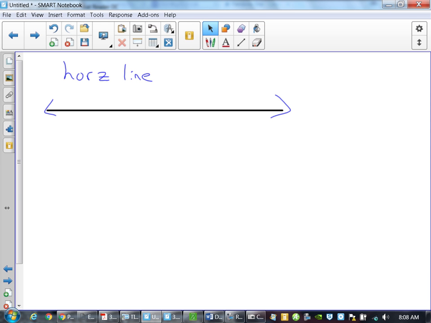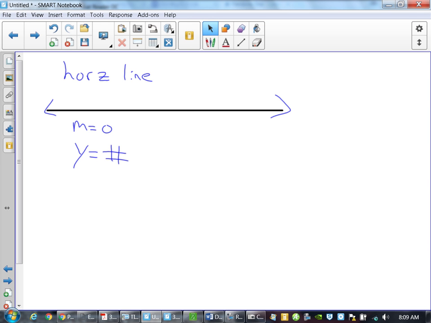Its slope. The slope of every single horizontal line is always 0. The equation of every single horizontal line is also always going to look like this. Y equals some number.